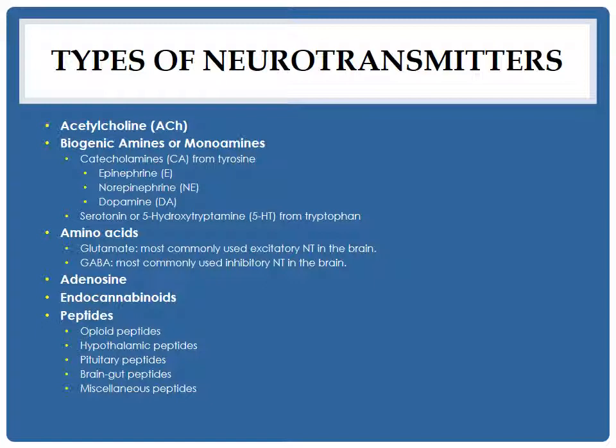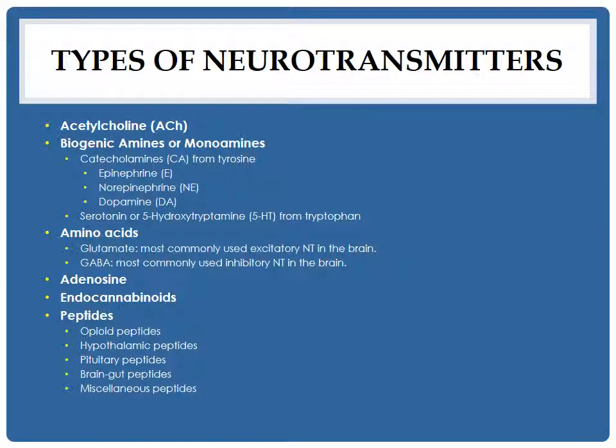Biogenic amines or monoamines, they're named that because they're synthesized from a single amino acid. Catecholamines are synthesized from tyrosine. You can see that illustrated in figure 4-15. The catecholamines include epinephrine, norepinephrine, and dopamine. Then serotonin is also a monoamine.